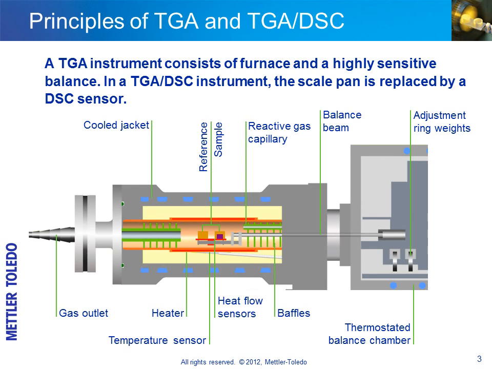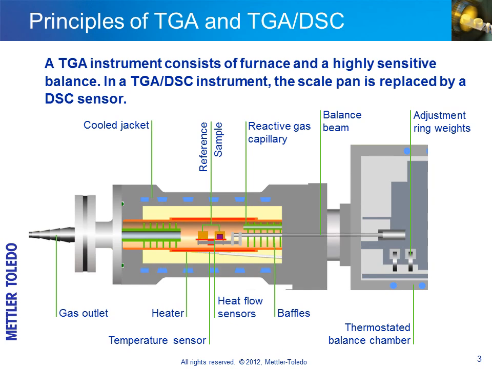The horizontal design of the furnace helps to minimize possible turbulence due to thermal buoyancy and the purge gas flow. The furnace temperature is controlled by the temperature sensor located below the furnace. The furnace is shielded on both sides by baffles, and the entire volume is purged with a constant flow of gas.